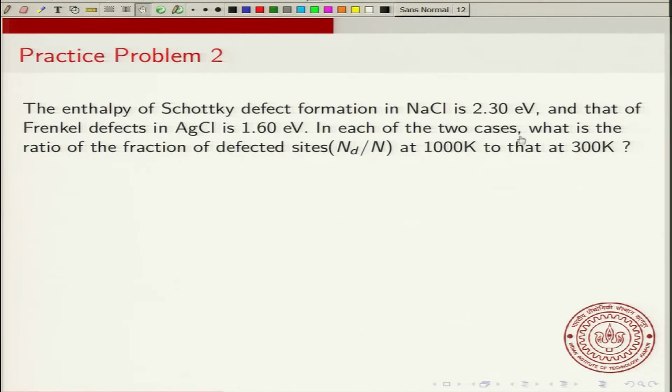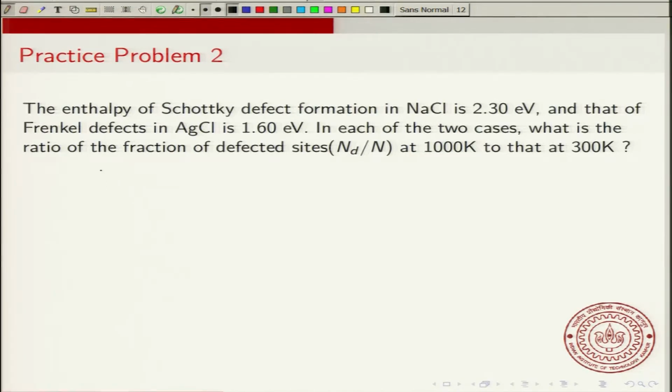In each of these two cases, what is the ratio of the fraction of defected sites at 1000 K to that at 300 K? So we recall, both these are ionic compounds with two different ions. So you have sodium chloride and silver chloride.